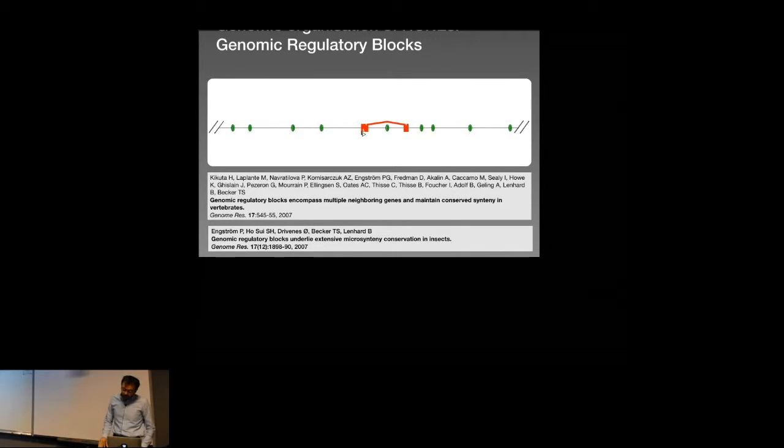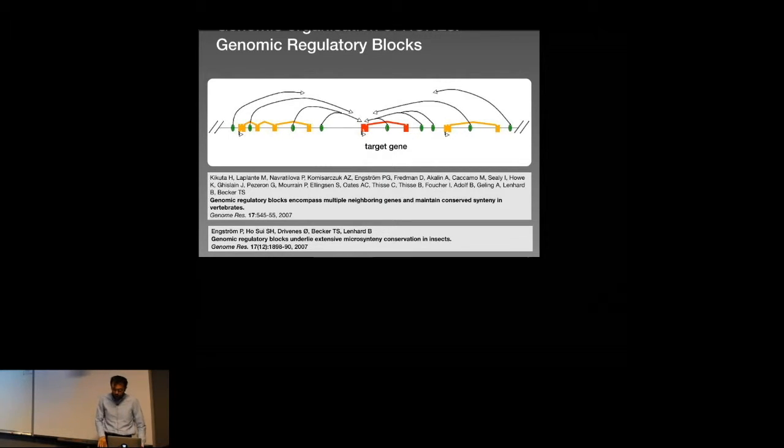And it has been shown that many of those highly conserved elements act as enhancers, and they all target these target genes. These target genes are often in regions of low gene density, but sometimes there are other genes that may contain these elements within their introns or beyond, but do not seem to be regulated by them.